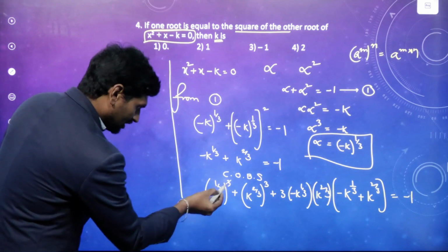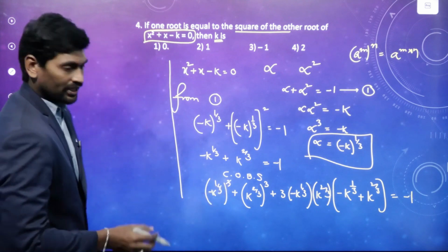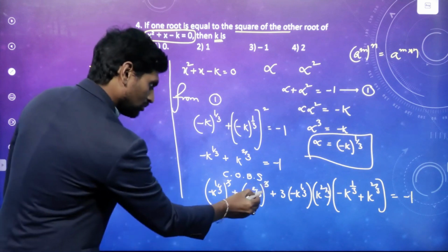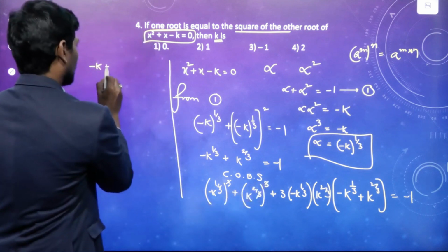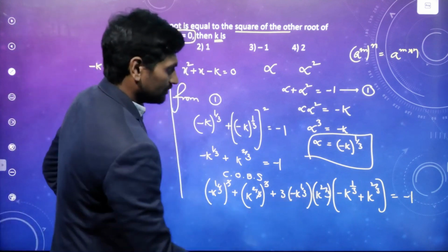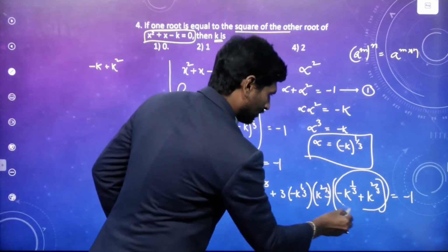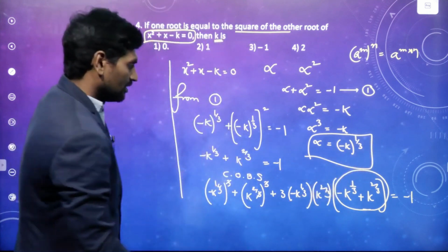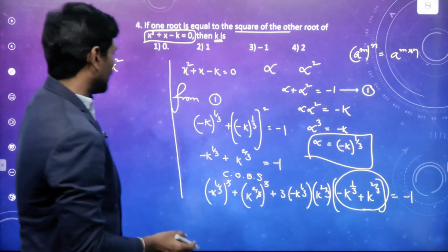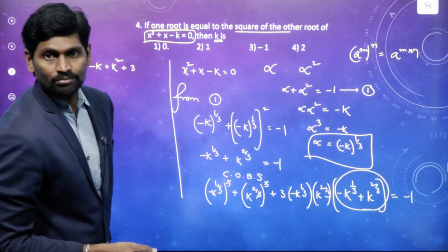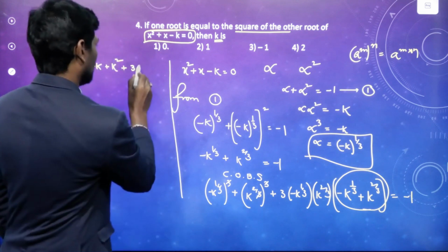Now here the cube root cancels, it will be minus k. Here also the cube root cancels, that is the k square term. Now this value becomes minus 1 from this. Here minus becomes plus: 3 into k power 1 by 3, k power 2 by 3.